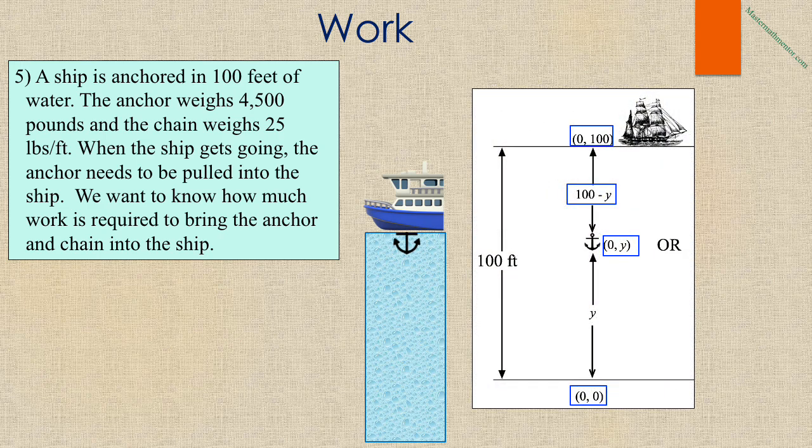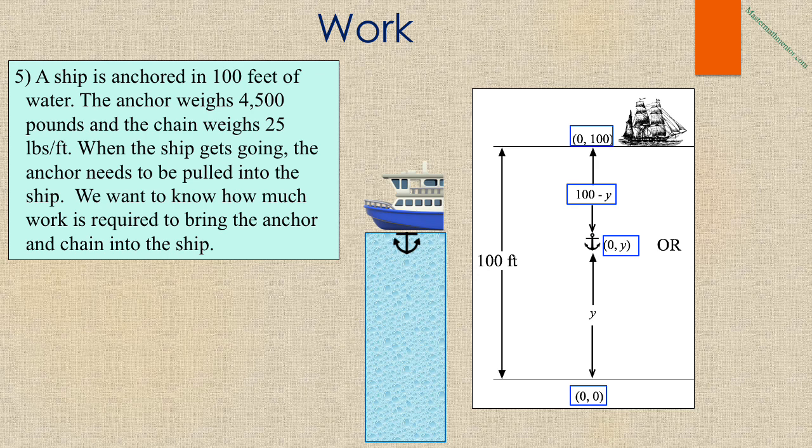The best way to attack a problem like this is to translate our picture onto a Cartesian plane. And we can do this in one of 2 ways. First, we can place the origin, the point (0, 0), at the bottom of the ocean, and thus the water level will be at the point (0, 100).